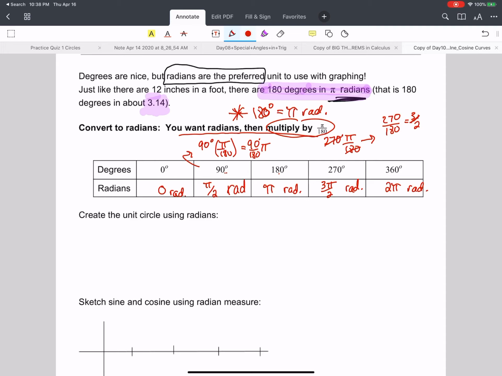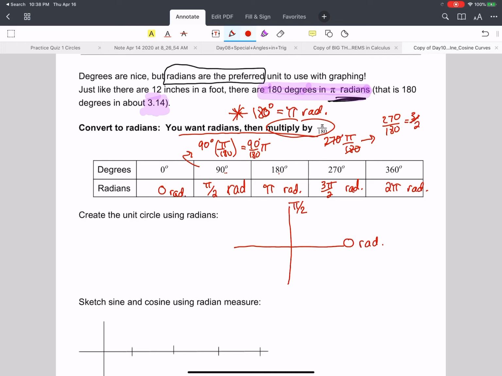All right, so now let's create the unit circle using radians. This used to be 0 degrees, but now we're going to call it 0 radians. What's this one going to be? That's right, pi over 2.